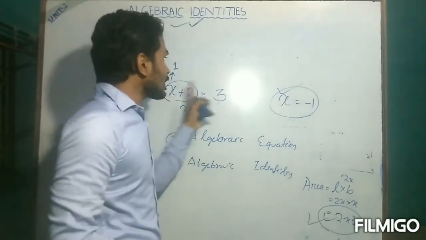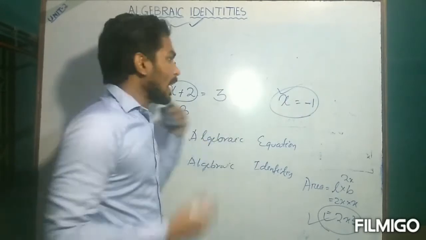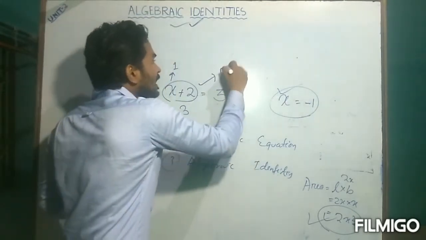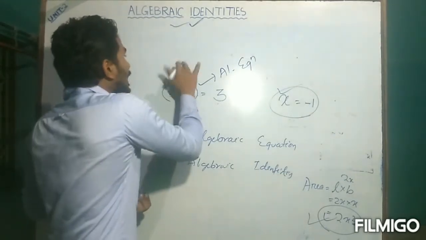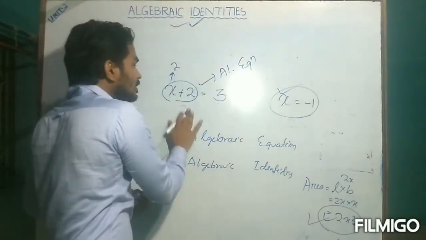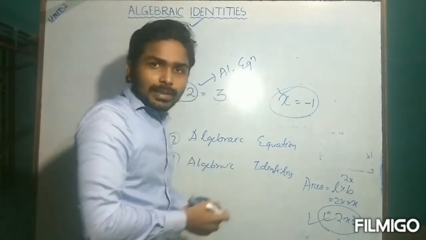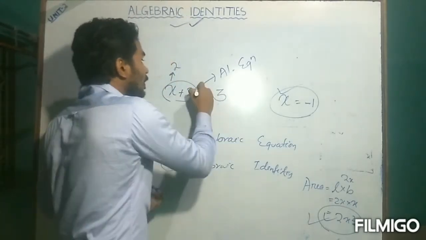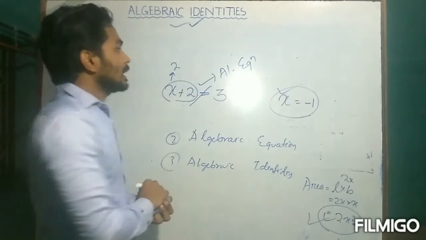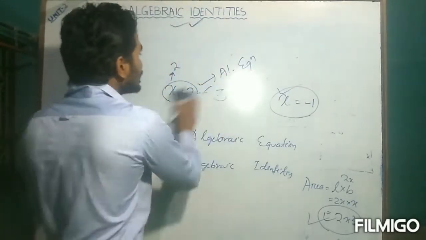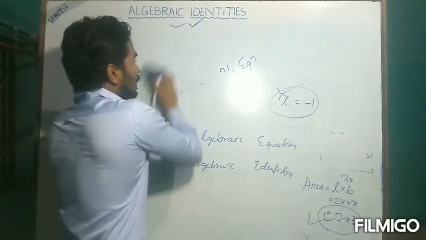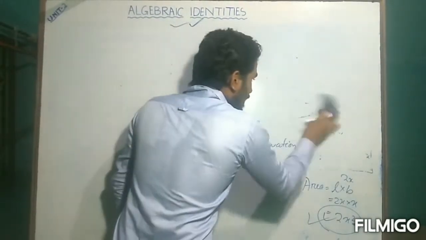Then you can say LHS and RHS are equal, and hence it is an algebraic equation. But if we put x to be any number, will both sides be the same? No, they will not be the same. It is not an equality for every value, so it holds only for a certain value. So it is now clear.